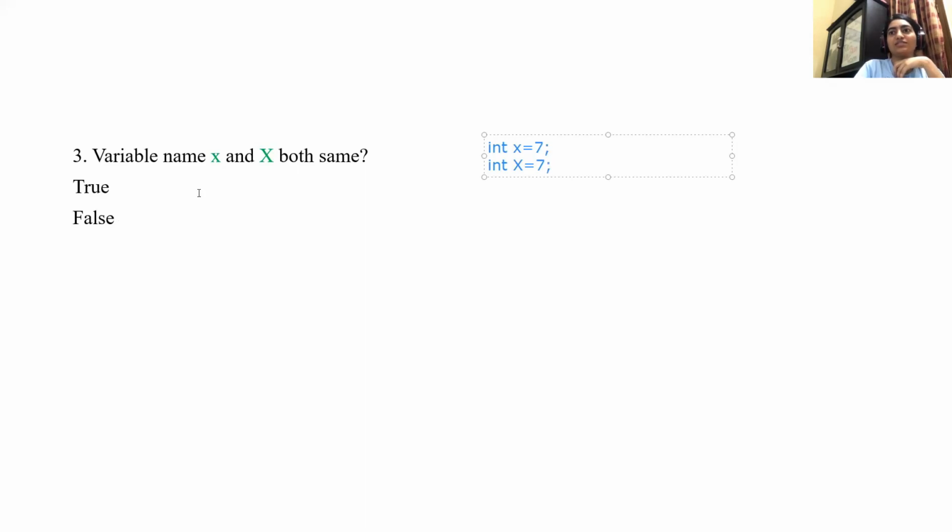So the correct answer is false. They are not the same. C++ is case sensitive, guys. That means capital letters and small letters are different. So both these x's, small and capital, mean different things to the computer. Right? Okay. Let's move to the next question.